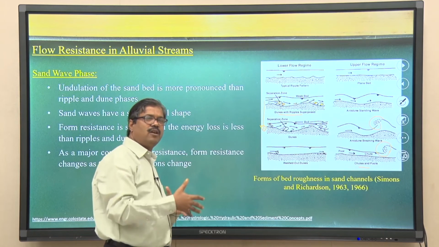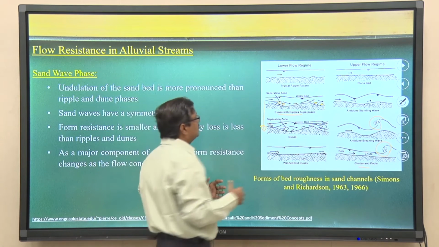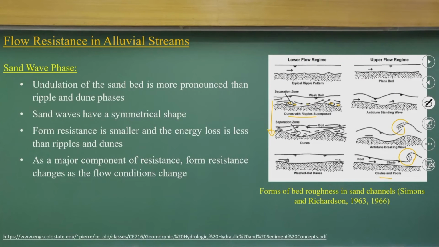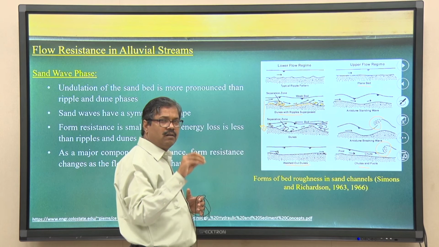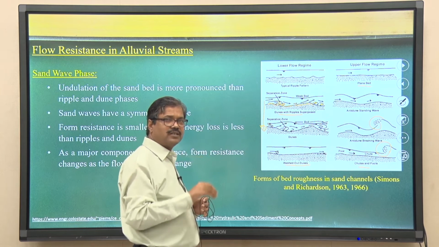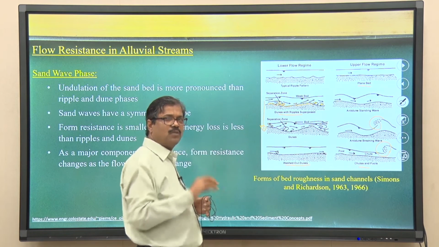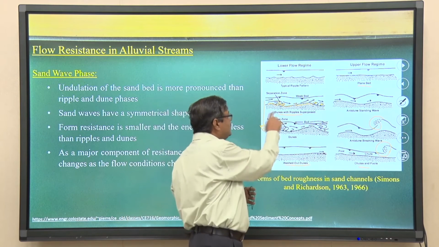That is what comes into the flow resistance equations, as compared to the plain bed, the washed-out dunes, or the antidunes with wave breaking or standing waves. The roughness of the ripples and dunes, these bed forms, play the major role, with local turbulent structures like formations of eddies and boils that dissipate energy.